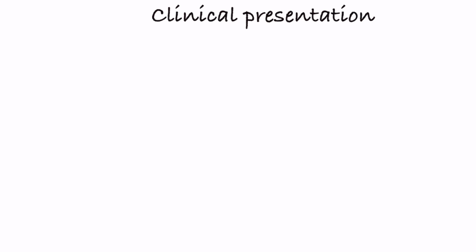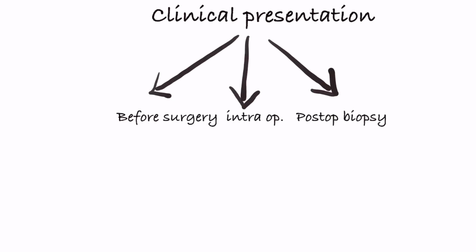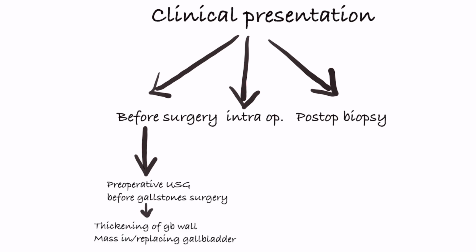Clinical presentation is divided into 3 groups based on time of diagnosis. Diagnosed before surgery on imaging. Intra-op diagnosed during surgery for presumed benign gallstone disease. Diagnosed on post-op biopsy for cholecystectomy done for presumed benign disease. USG is the most common test on which cancer is suspected, followed by CT scan. There may be thickening of the GB wall or a mass in the GB.